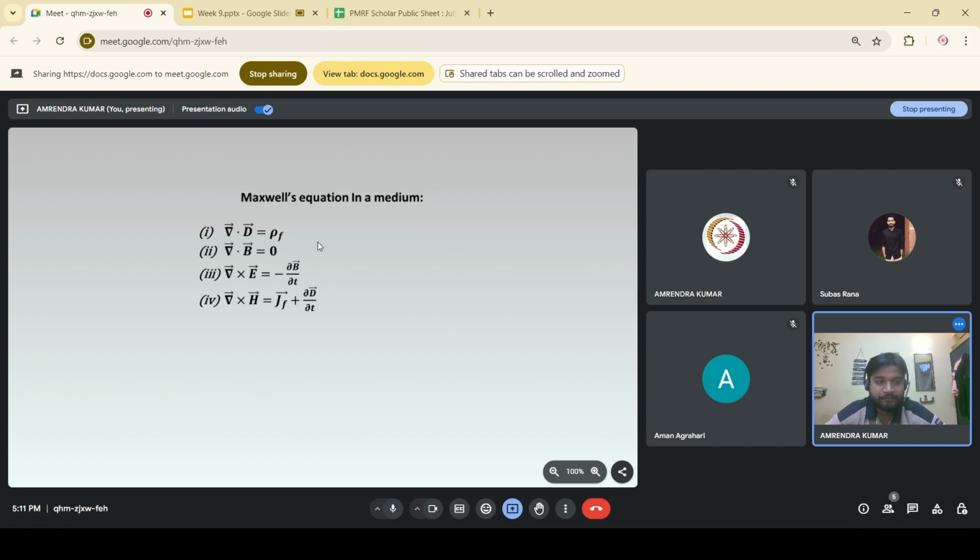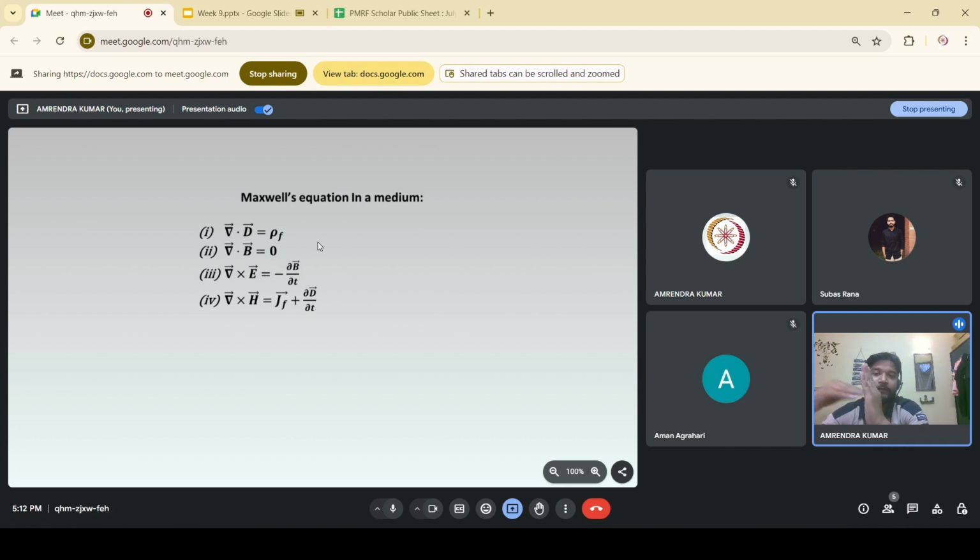These four equations will give you a wave-like equation, and with appropriate boundary conditions, you will find that they have a plane wave solution. So what we are going to do this week is try to understand what happens when a plane wave of electromagnetic radiation comes and hits a dielectric media.